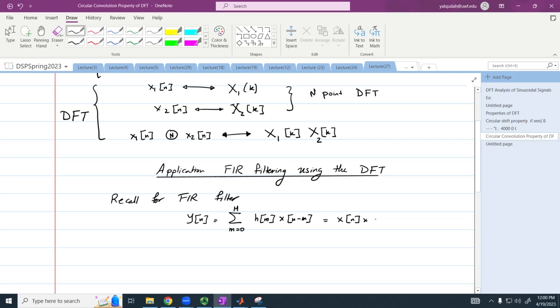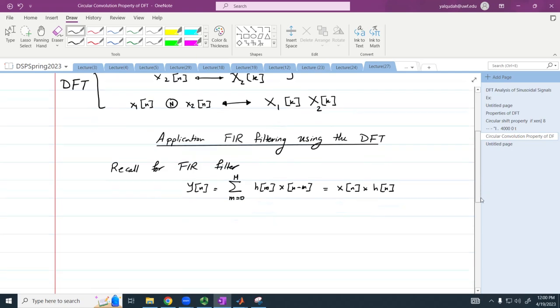The convolution. Because the FIR filter has a finite impulse response, I can take h of m and convolve it with any input signal to get the output of that filter. Make sense? What is the length of this filter in this case? M plus 1. Because I have from 0 to M.